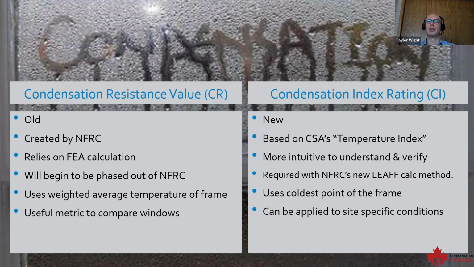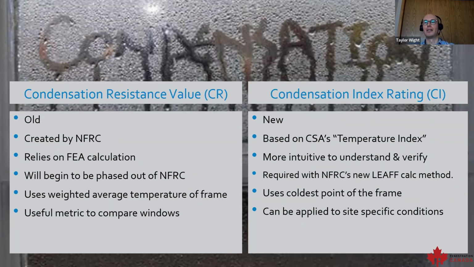The condensation resistance, the CR value, was calculated using a whole bunch of finite element analysis and calculations in the computer, and a whole bunch of voodoo type stuff that nobody really understood. It makes it hard to error check that type of value.